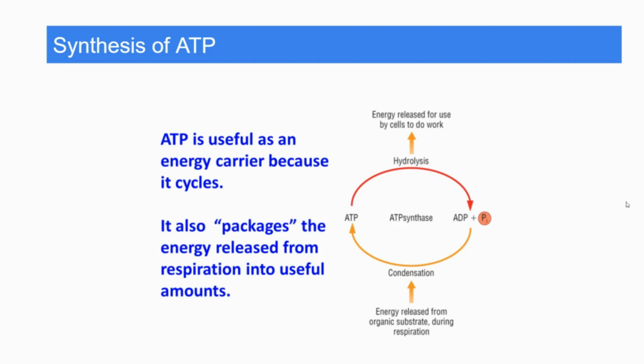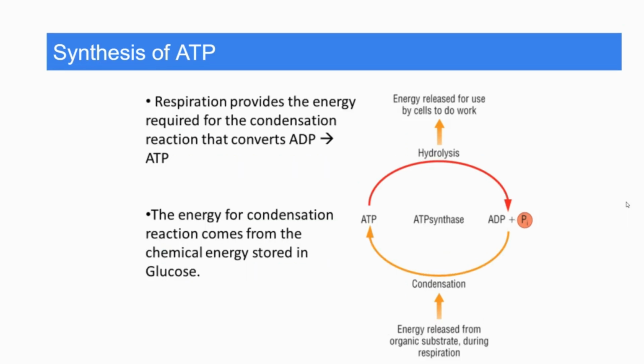So you can see ATP to ADP, hydrolysis occurs, energy is released for use by cells to do work, and then with the ADP and the phosphates being added together in a condensation reaction, energy is released from organic substrate during respiration. So respiration provides the energy required for this condensation reaction that converts ADP back into ATP. And the energy for condensation reactions comes from the chemical energy stored in glucose.